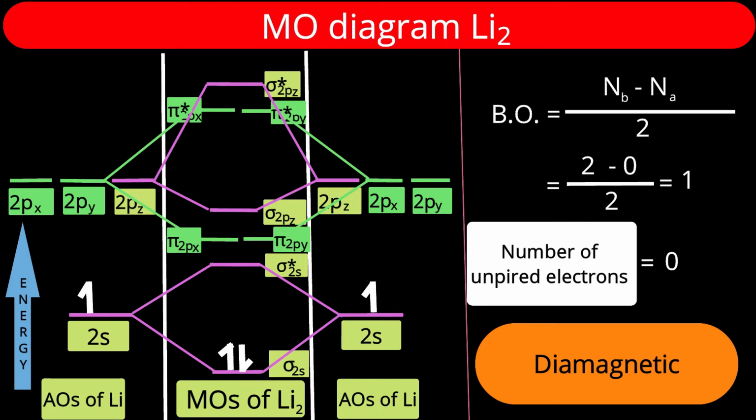But the inner orbital will not undergo any kind of interference, no constructive, no destructive. Whatever the electron density, the electron distribution in the 1s orbital, that will remain intact, as it is. The overlap integral S is equal to 0.